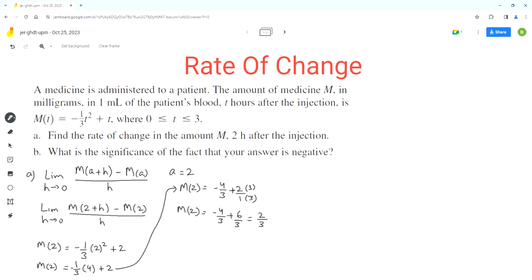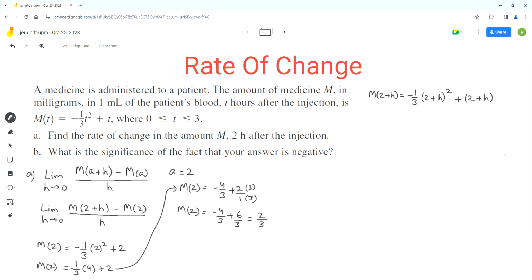So now we can find the expression for M(2 + h). We can do the calculation here on the side. So M(2 + h): we'll sub in t as 2 + h in the given function. So we get negative 1 over 3 times (2 + h) squared plus (2 + h).